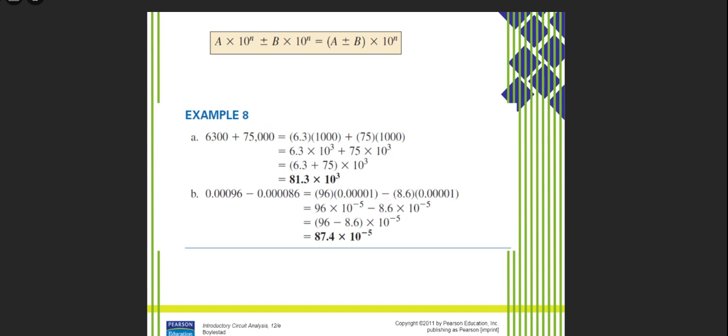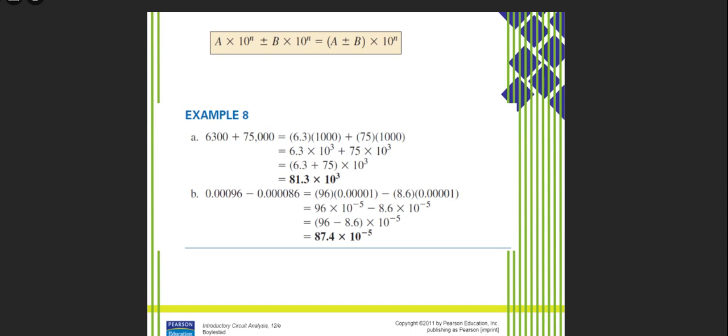It's better to have the power of 10 the same for both numbers. So if this one is 10 power of 3, it's better to have this one also in 10 power of 3. And then here is the result. You just add up the numbers and then write down one of these 10 power of n. So here I will add 6.3 and 75, multiplied by one of these 10 power of 3.